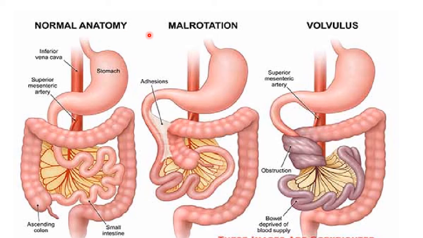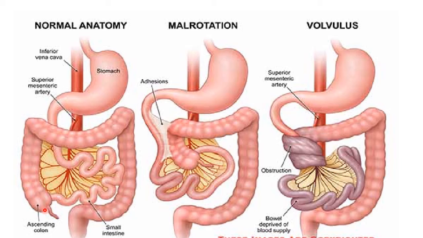Keeping in mind the normal rotation of the midgut, after retraction of the midgut into the abdomen, the small intestine, the jejunum, is the first which enters into the abdomen, and it lies along the left quadrant of the abdomen. Then comes the cecum, ascending colon and transverse colon.